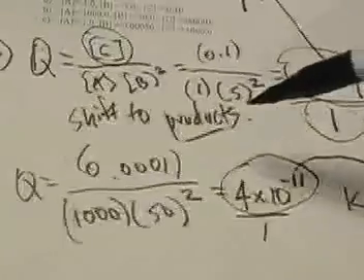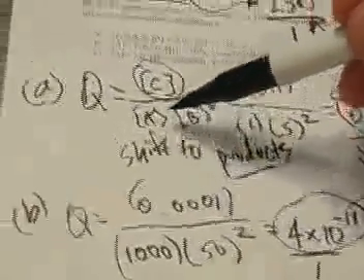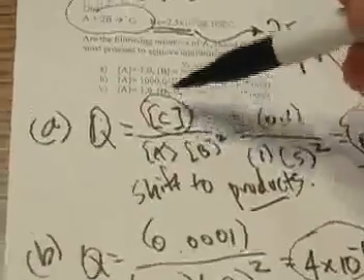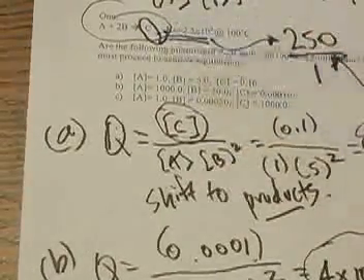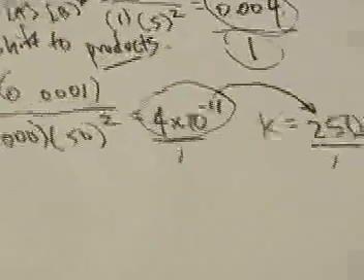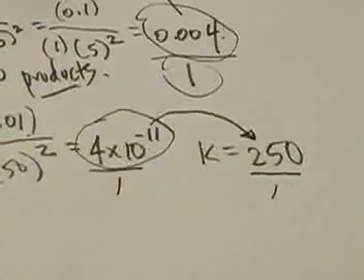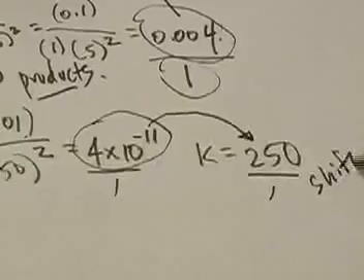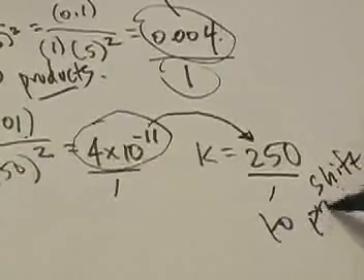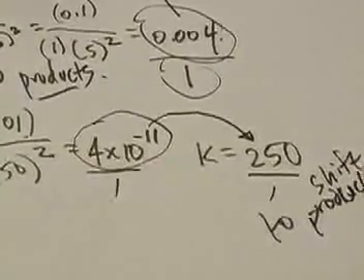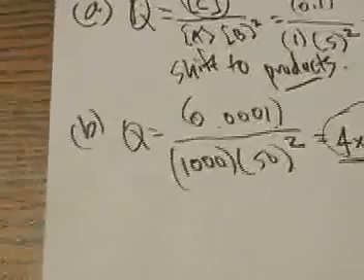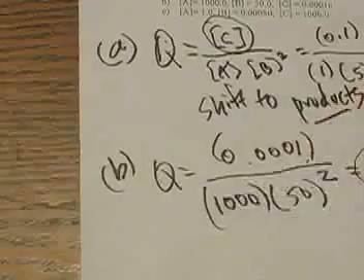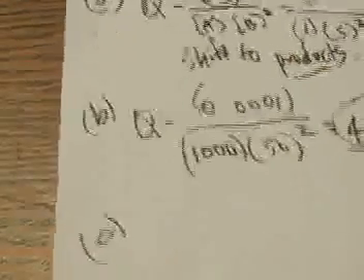Which means I need a lot more of the top thing, or a lot more of this thing called C, which is a product. I need lots more products. And so what I need to do is shift to the products. Okay? Let's look, very similar to letter A, except it was a lot smaller number. And then lastly, let's look at letter C.